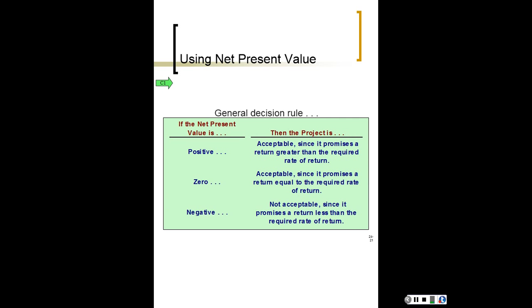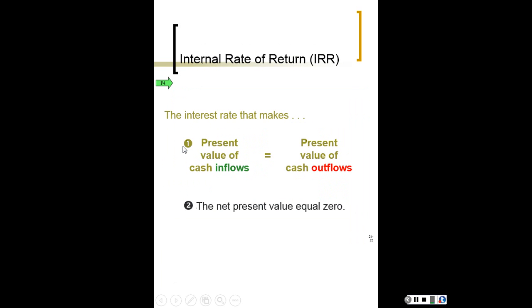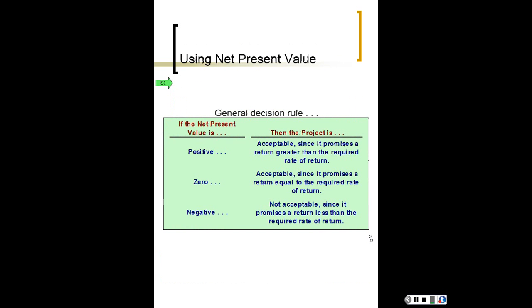The general decision rule using net present value: if the net present value is positive, then it's generally acceptable. Why? Because it promises a return greater than the required rate of return.